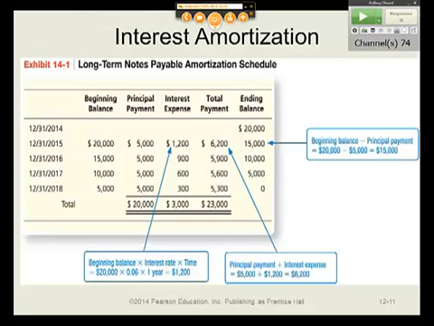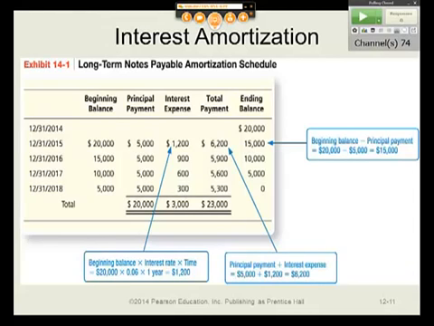The payment is going to go against the principal amount, but the interest is calculated on the beginning balance, so you have 6% on the beginning balance, or 1.2, and when you make this payment, you pay $6,200, $5,000 for the principal, and $1,200 for the interest.